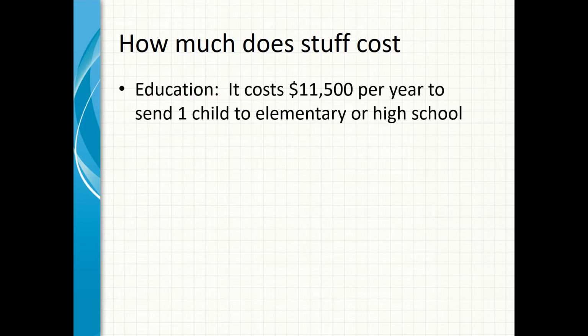So, how much does this stuff all cost? Well, for example, education, we spend roughly $11,500 per year to send one child to elementary or high school. So if you have two children and they're both in school, it's costing the provincial government, because the province is responsible for education, $23,000 to send those two kids to school, and that's from grade K to 12.